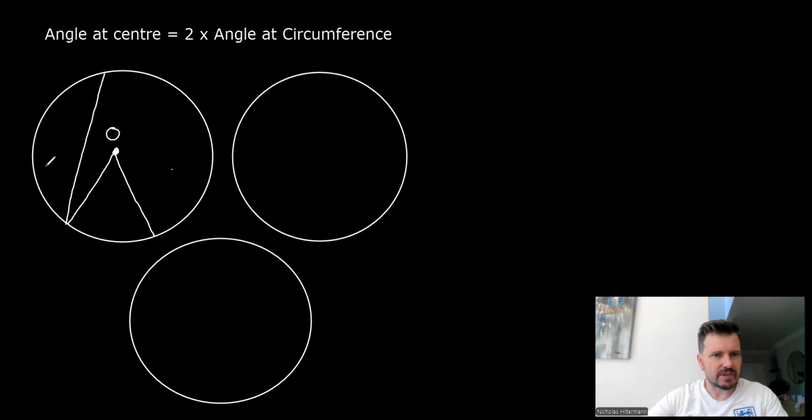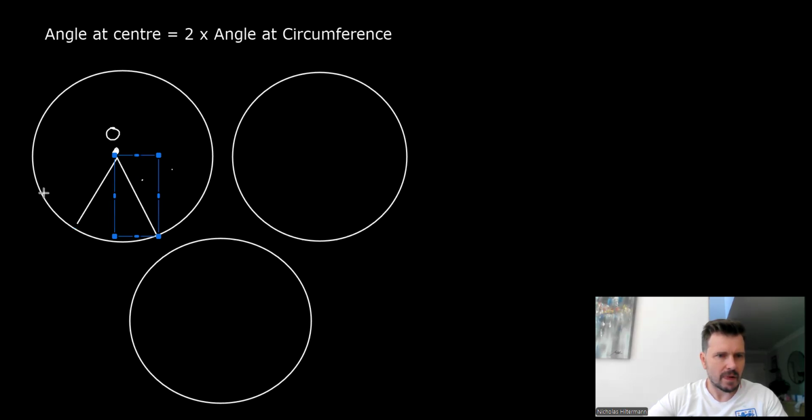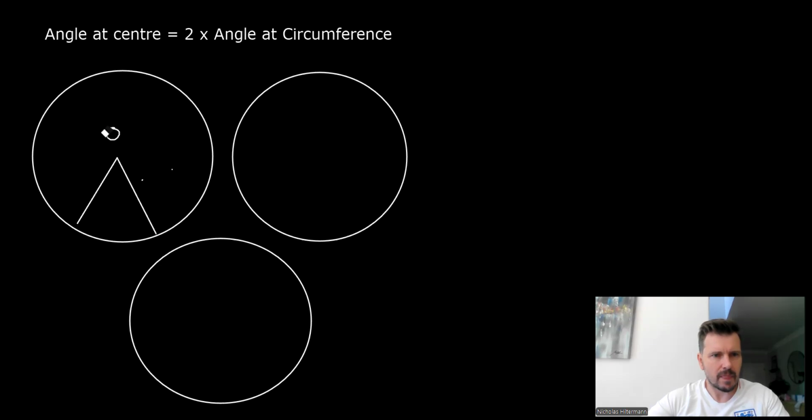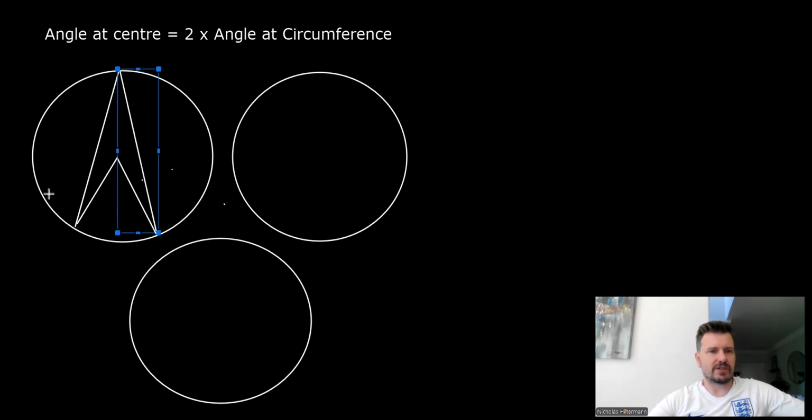Just use straight lines on that. Okay, so you're going to see this arrow shape.